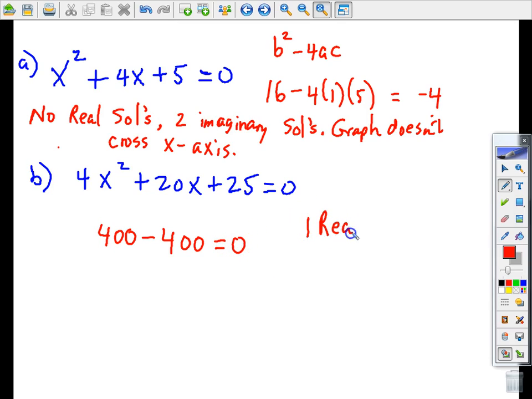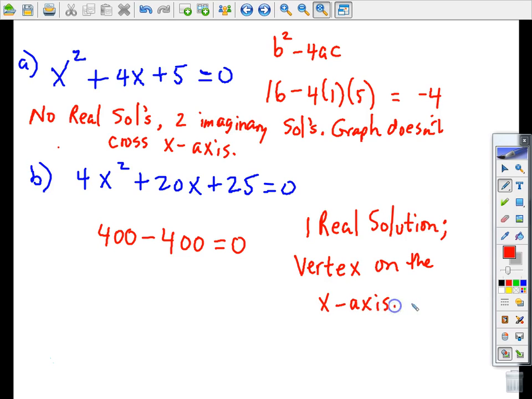Okay, we have 1 real solution. And how does that apply now to our graph? Okay, and we're going to say it this way. Thomas said vertex of the parabola, and we're just going to say vertex on the x-axis. That's the only x-intercept we have.